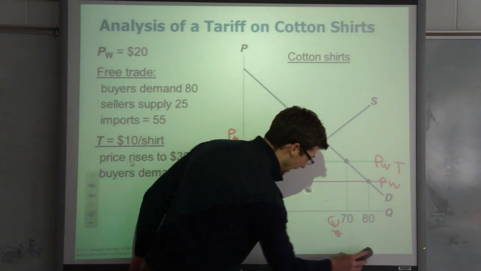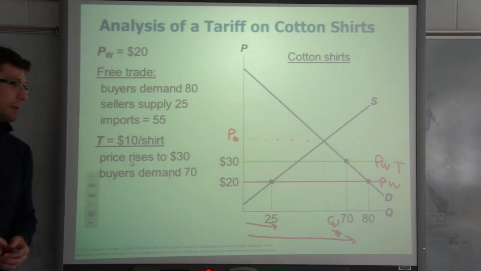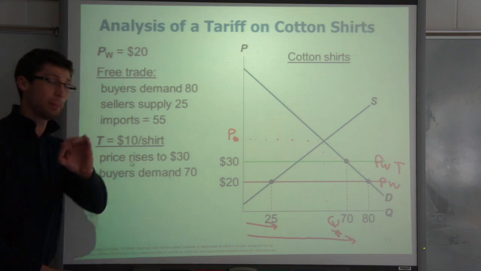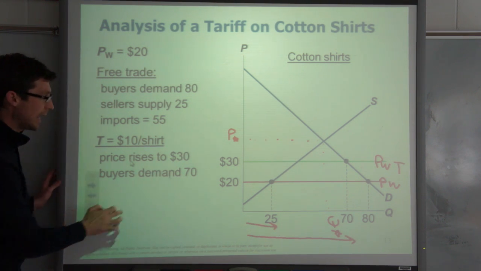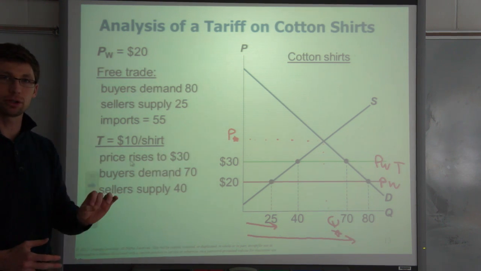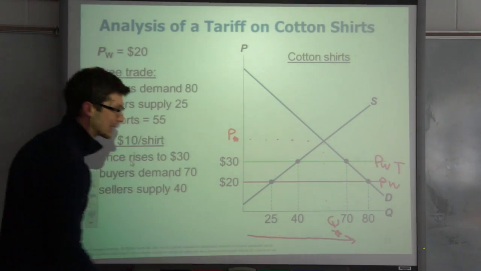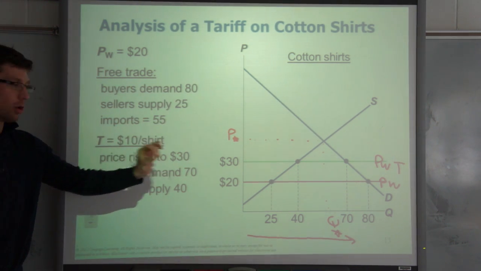We no longer have 80 units transacted. We only have 70 that's going to be bought and sold by Americans. Or excuse me, bought by Americans. And furthermore, we have some American producers who are now able to produce at a price that is less than the world price.